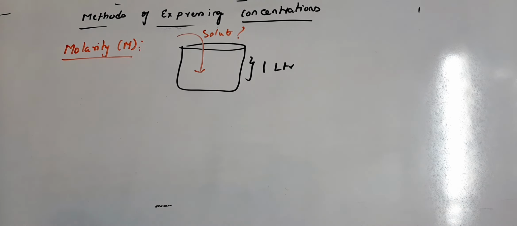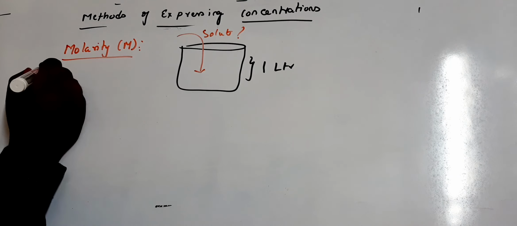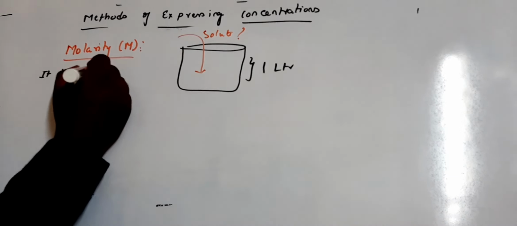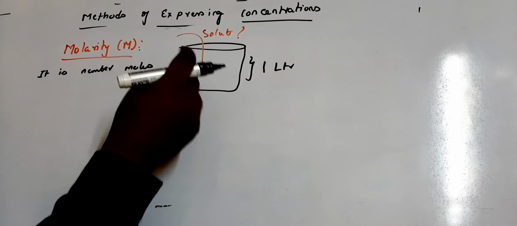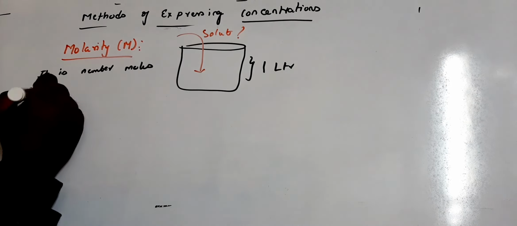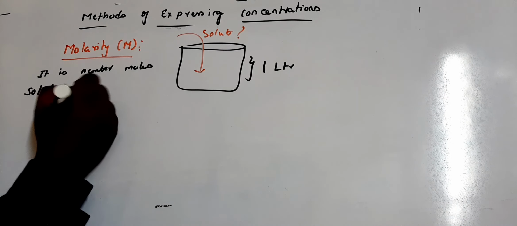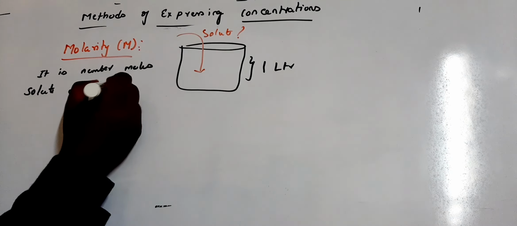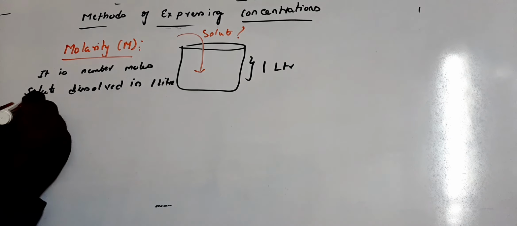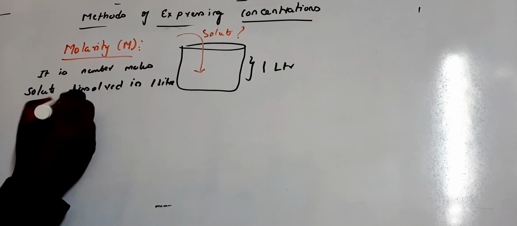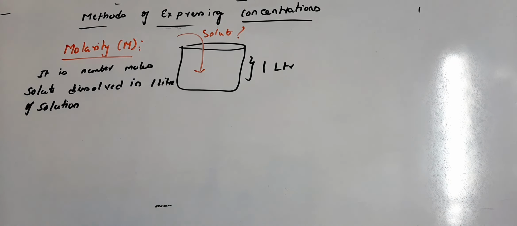The definition is: it is the number of moles of solute dissolved in 1 liter of solution.